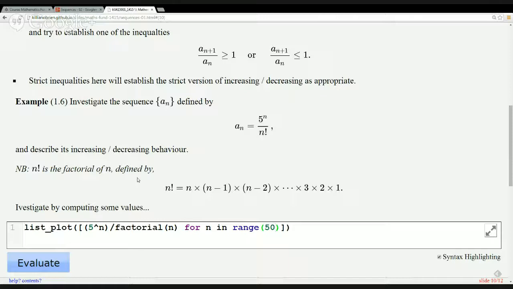So we can say this sequence, now when you write curly brackets a_n like that, this means you're referring to the sequence as a whole. So you can say this sequence eventually, i.e. after n equals 4, is a decreasing sequence.